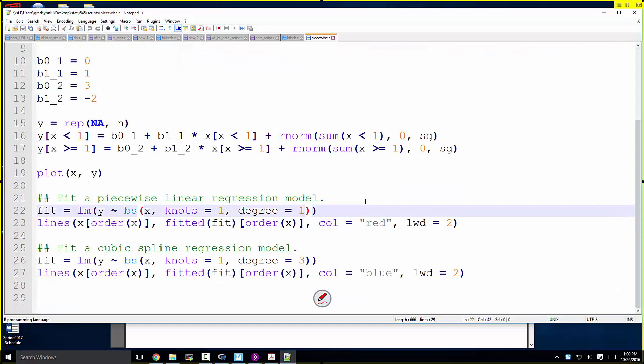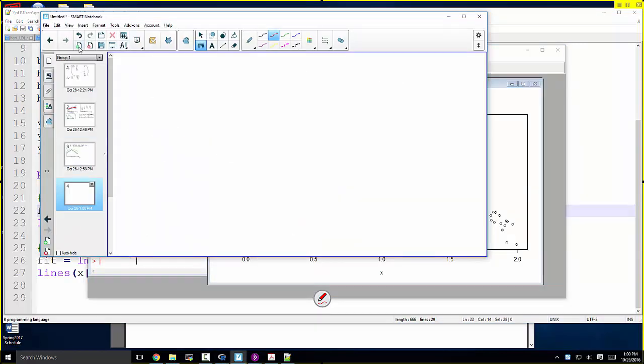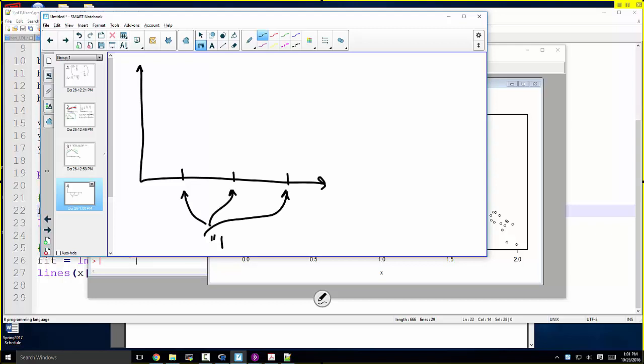All right, so the function we're going to meet now is this BS, which stands for B splines. So these are splines. Splines are, roughly speaking, created by picking some locations to have so-called knots.